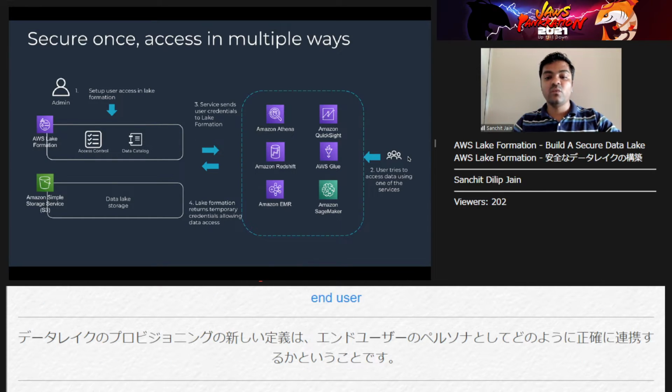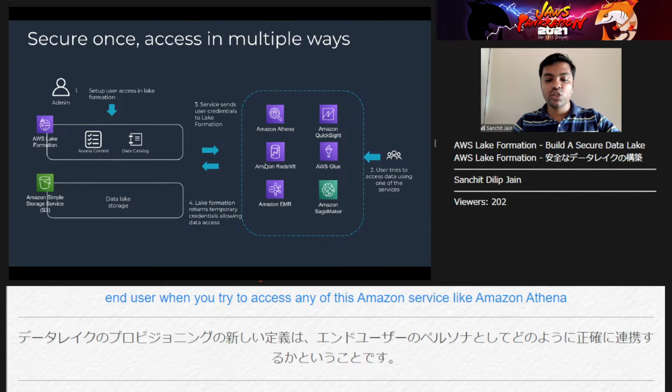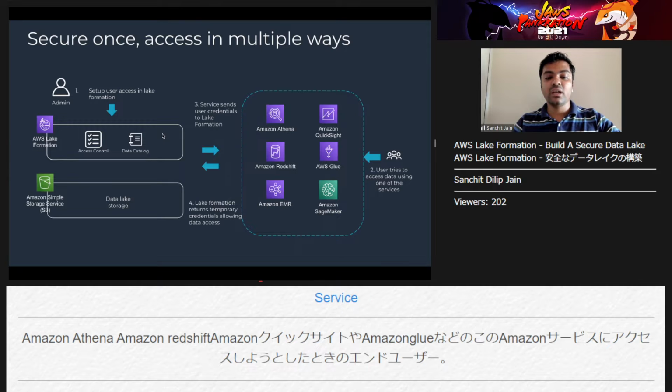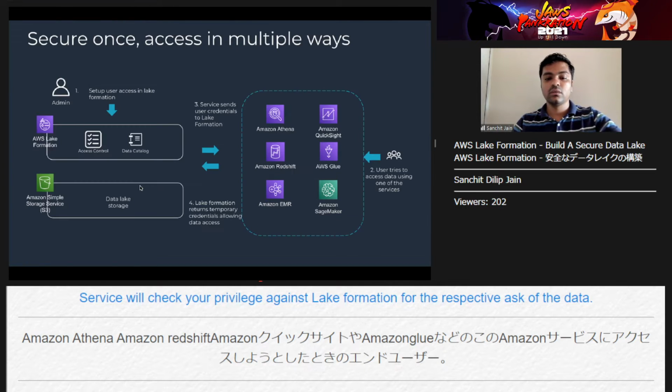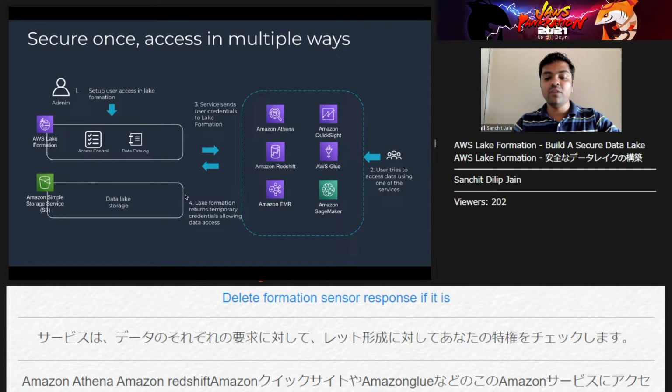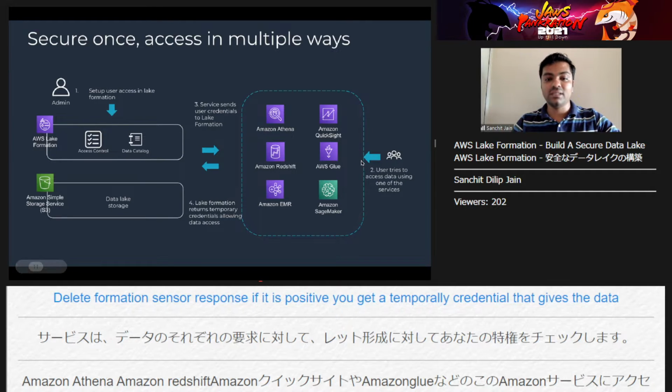As an end user, when you try to access any of these Amazon services like Amazon Athena, Amazon Redshift, Amazon QuickSight, or Amazon Glue, the service will check your privilege against Lake Formation for the respective ask of the data. Once Lake Formation sends the response, if it is positive, you get temporary credentials that give the data back to you as an end user.